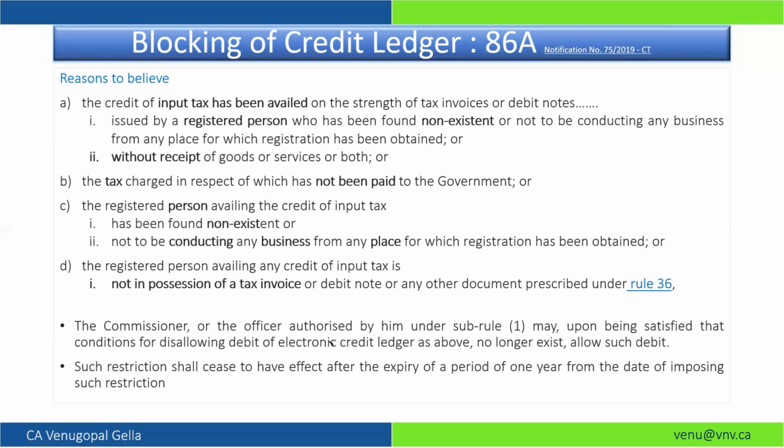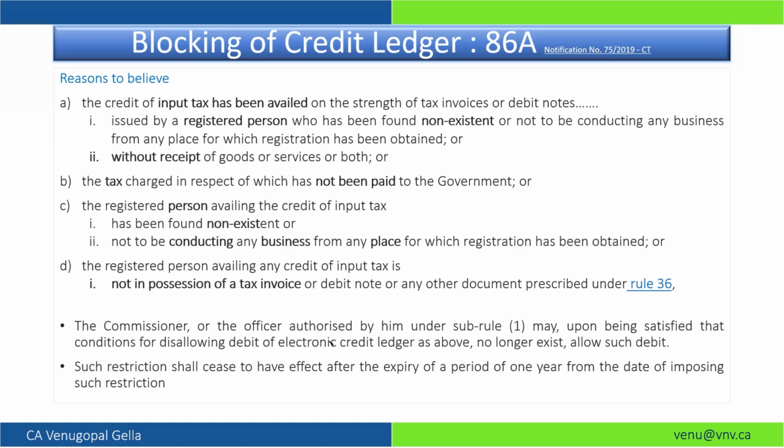Only after that you can take the credit. For a moment, even if that has been fulfilled and you have taken the credit and the credit is there in your electronic credit ledger, still there are certain situations and circumstances where you cannot utilize the input tax credit. One of that is Rule 86A, where the officer believes that you are taking the credits wrongly.